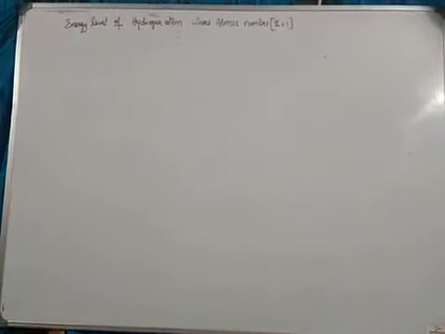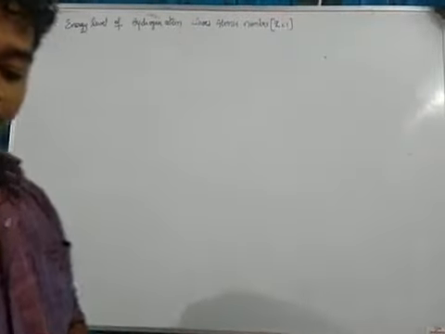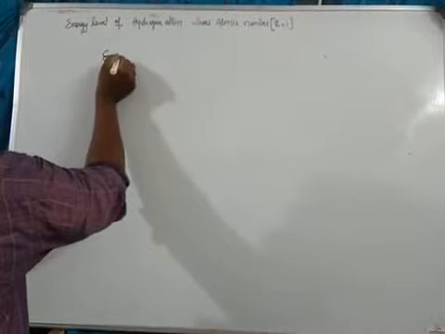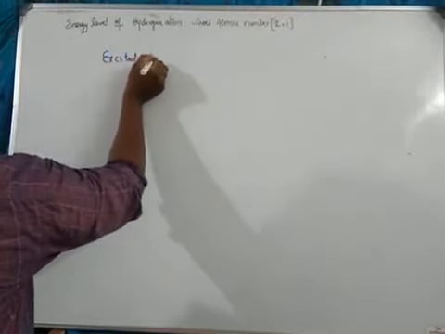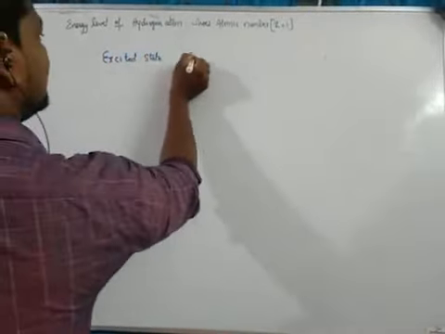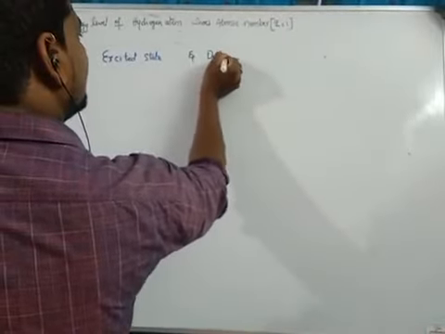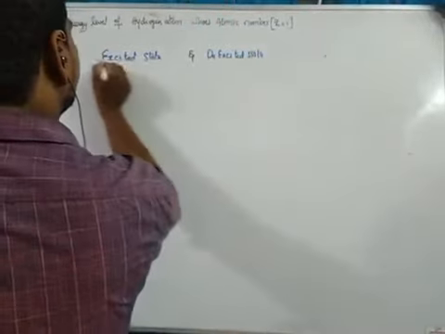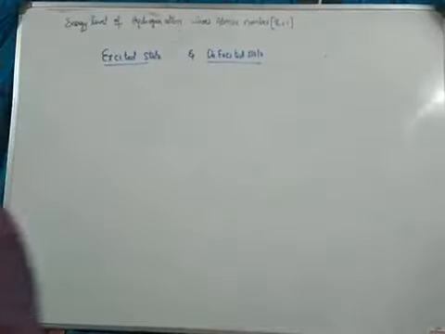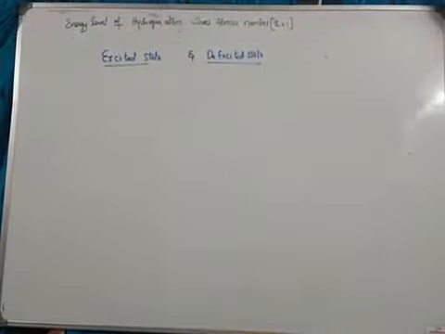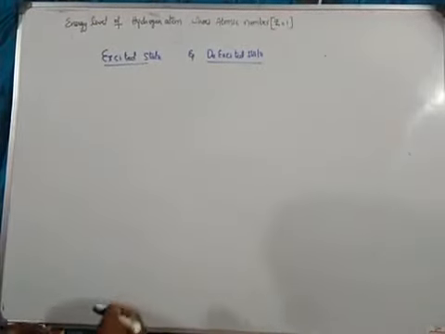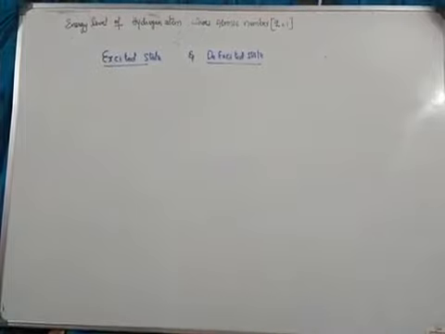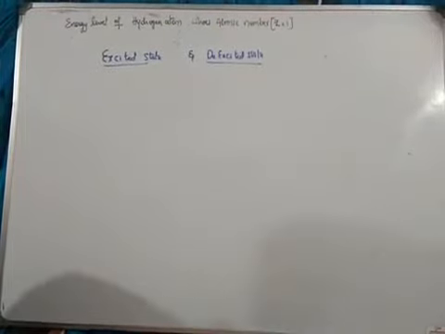Now based on this concept, we will get two new words called excited state and de-excited state. To define these words, for each and every orbit level we have a fixed energy.